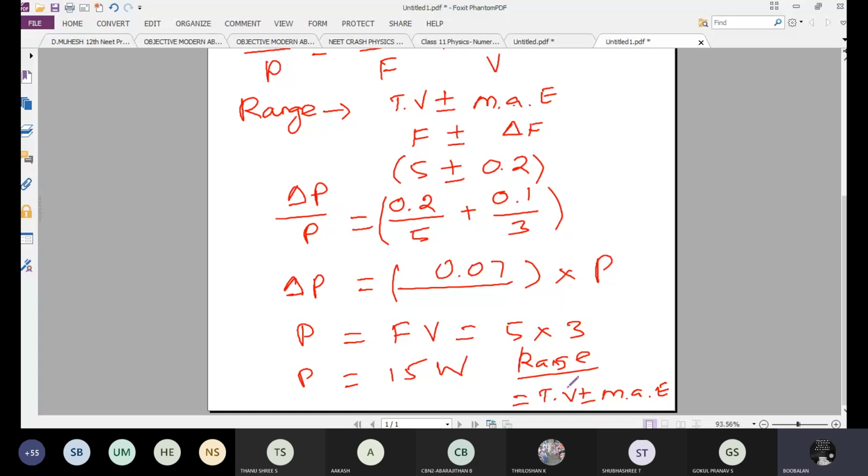True value 15 plus or minus 1.1. So this is the correct answer.